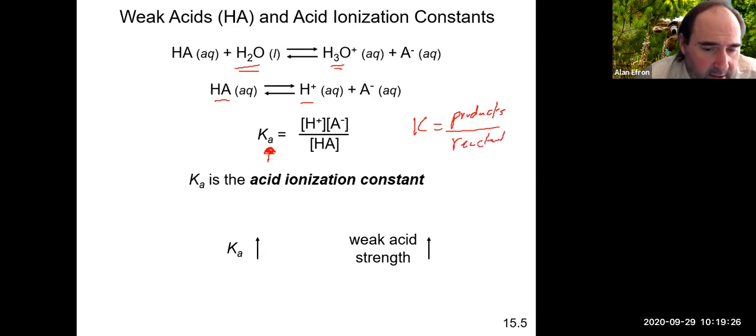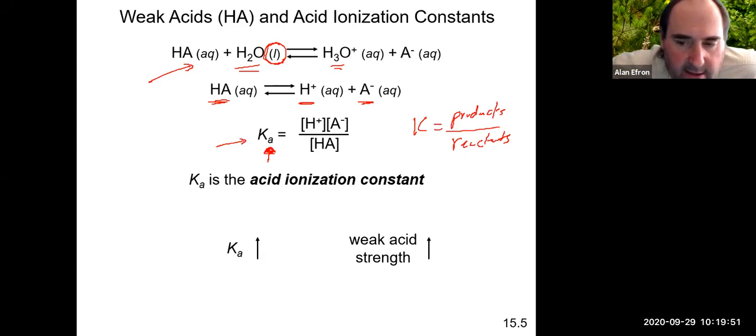So here, when we take our products over our reactants, we get H plus times A minus divided by HA. If you were to write it with the water included, because water is a pure liquid, it would not be included, and it would be H3O plus times A minus divided by HA if you did it the other way. So our Ka value, the weak acid equilibrium constant, is the acid ionization constant.